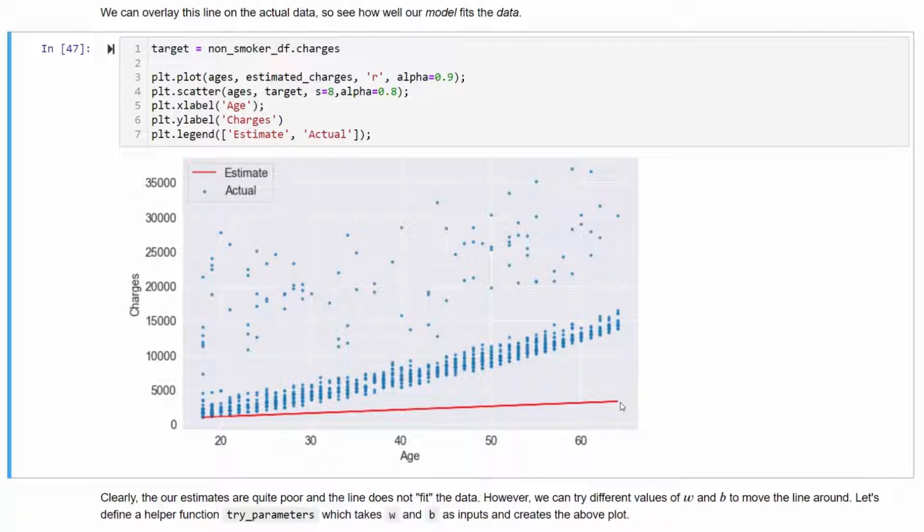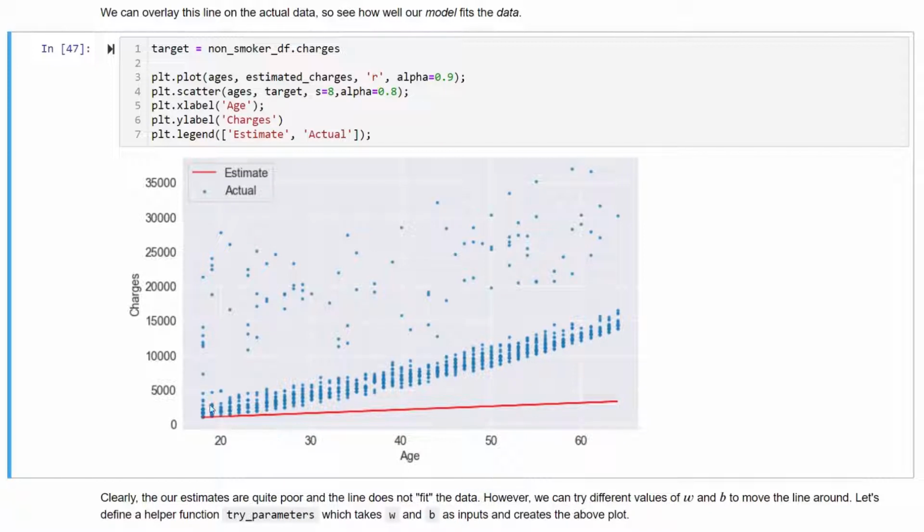We can estimate the data with the slope and intercept we have given. This is just a normal estimation, drawing a particular line to show the relationship between age and charges. Our line will be compared to the actual values and it will look like this.